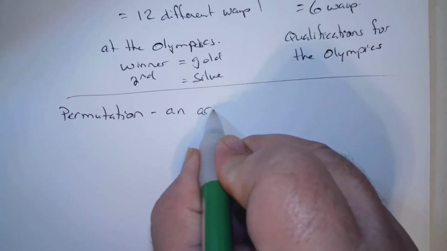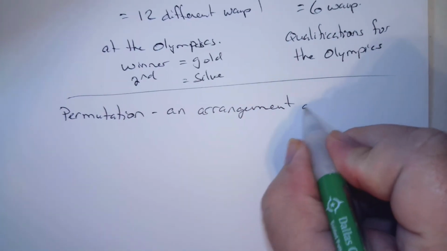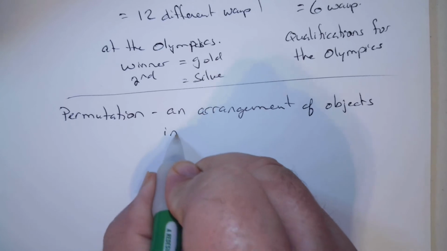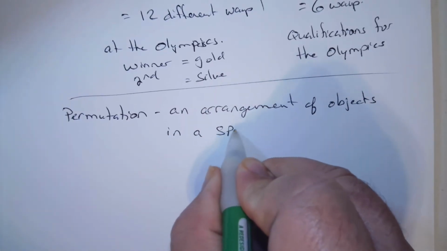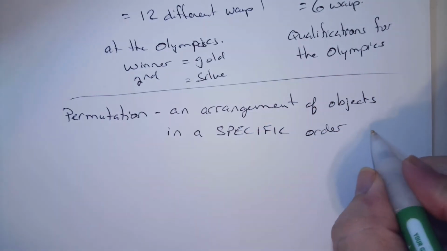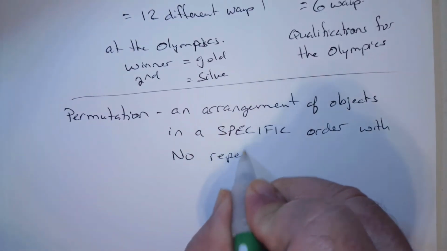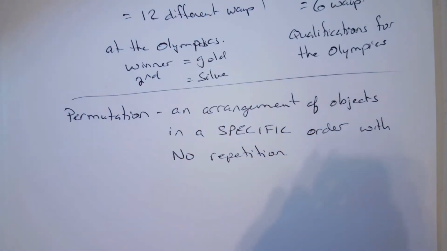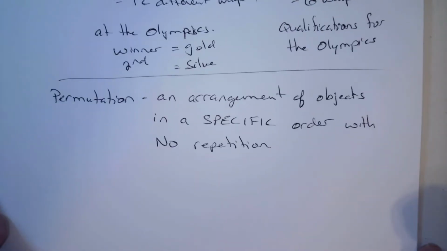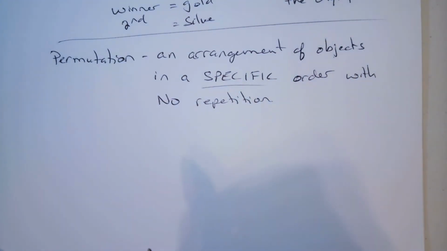A permutation is an arrangement of objects in a specific order with no repetition. Again, permutation is an arrangement of objects in a specific order with no repetition.